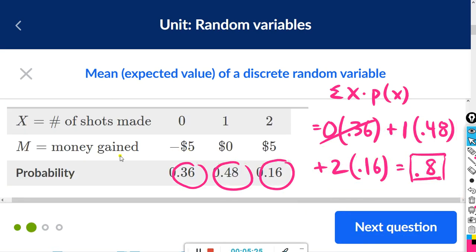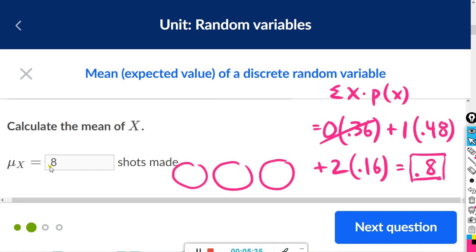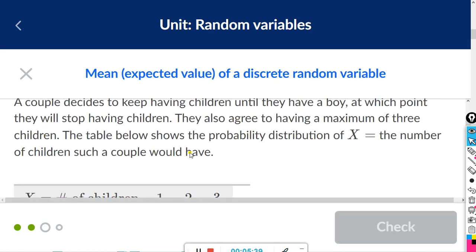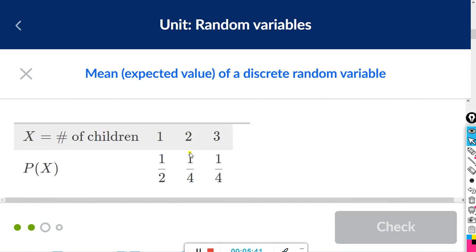Notice they gave us some unnecessary information. The money gained wasn't really a factor in this problem. They just asked for the mean number of shots.